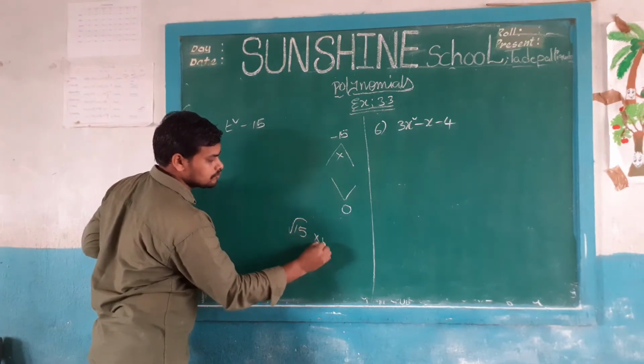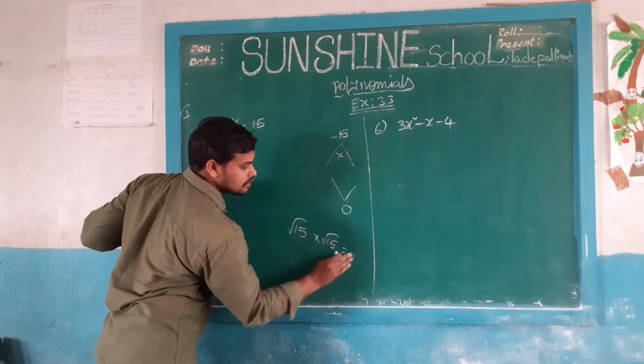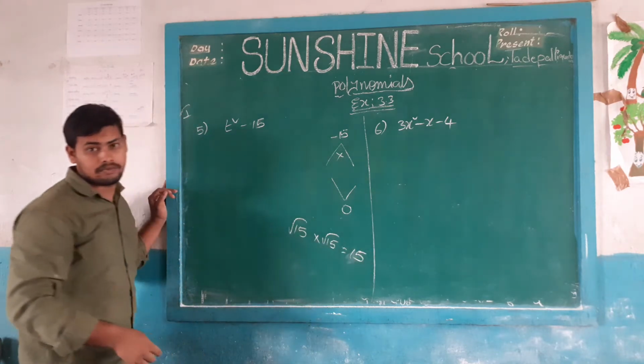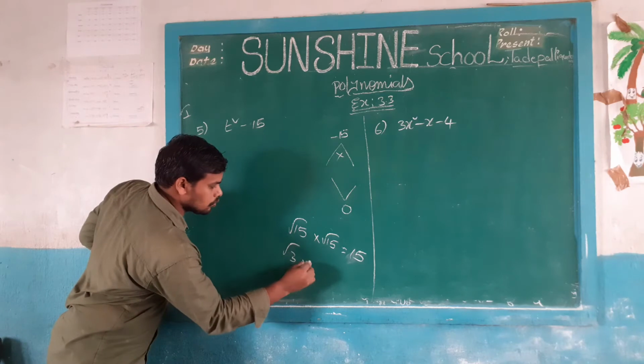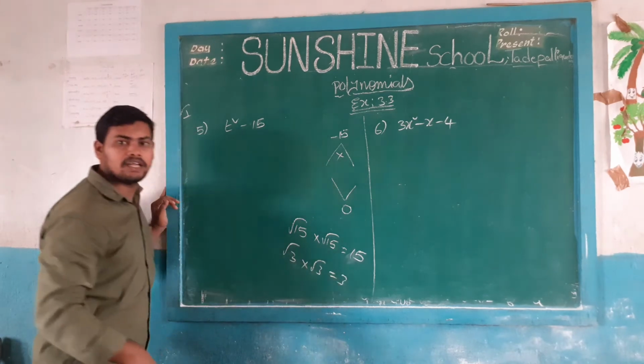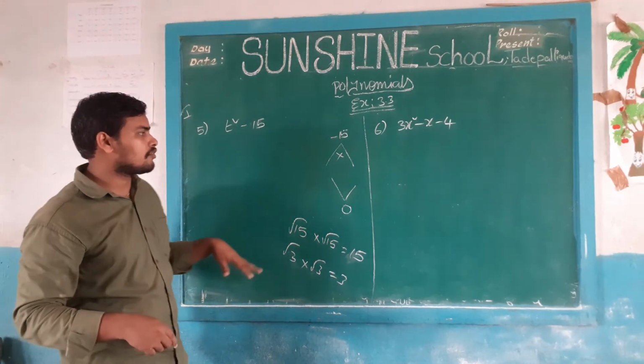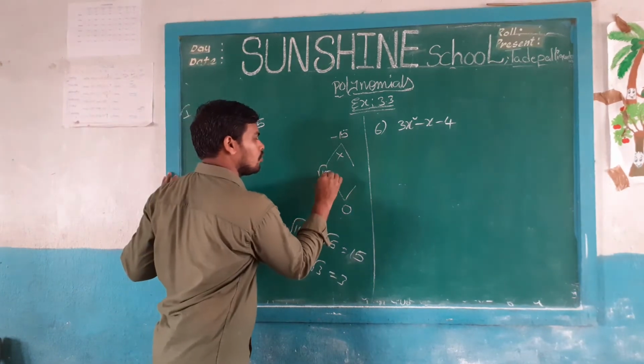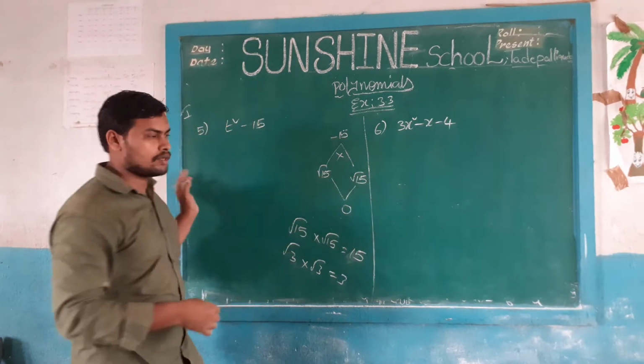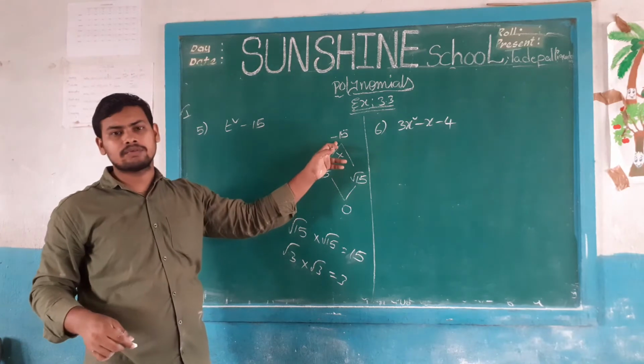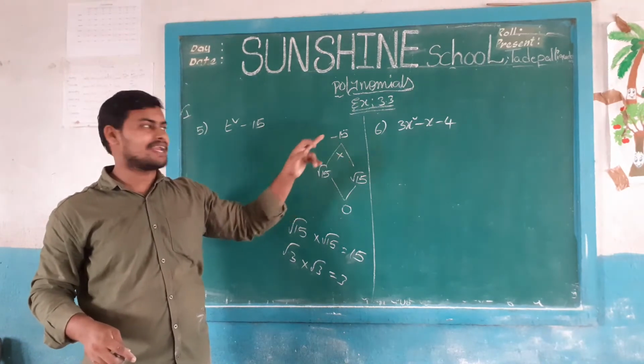Root 15 into root 15 is 15. Root 3 into root 3 is 3. In a similar way, root 15 into root 15 is 15. But we need minus 15 here.